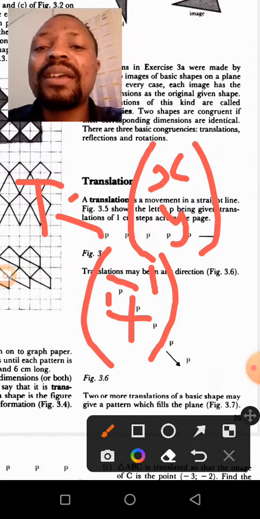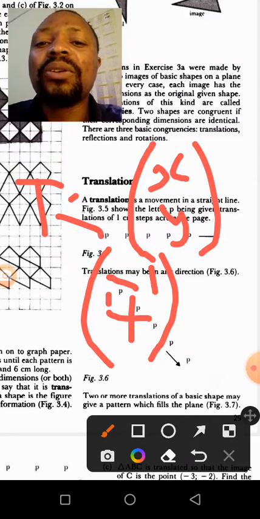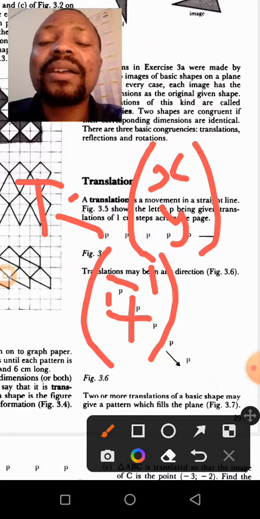What it means is we are moving minus 1 along the x-axis from the original shape, and then plus 4 along the y-axis. So we are translating our original image minus 1 and 4 in a Cartesian plane.